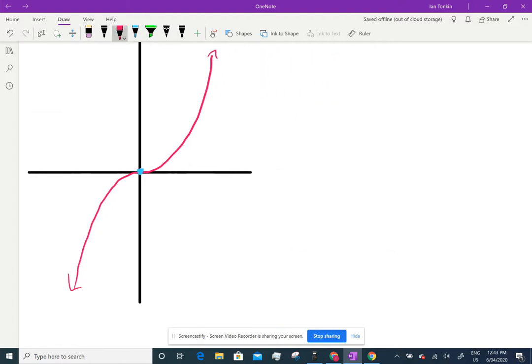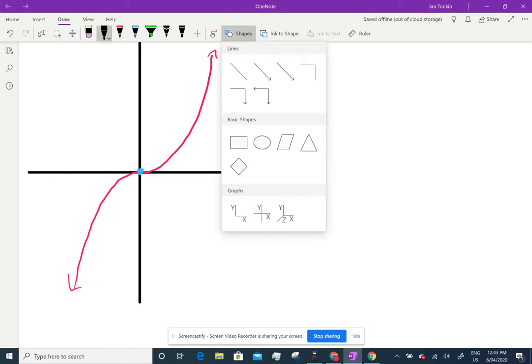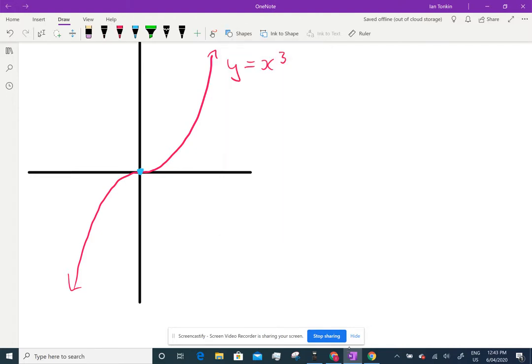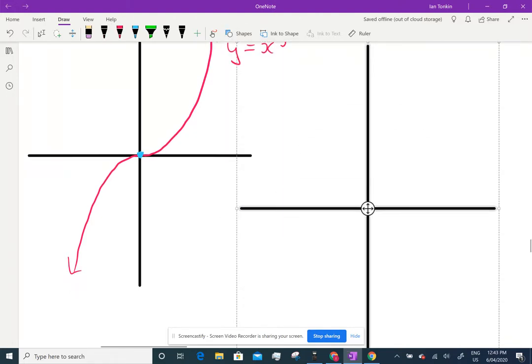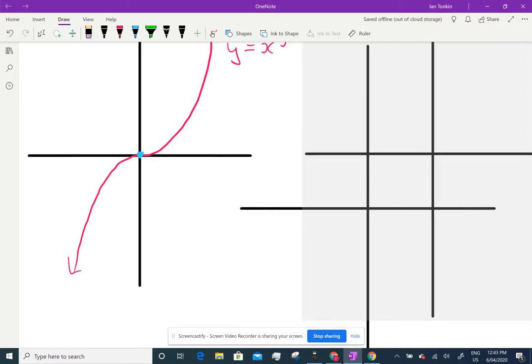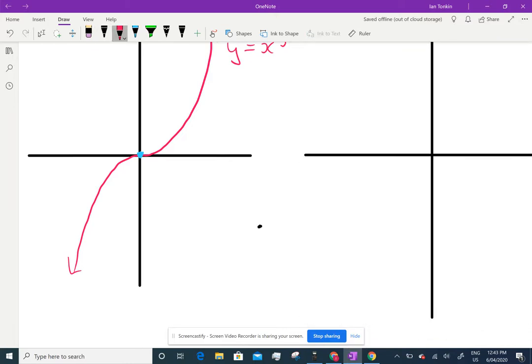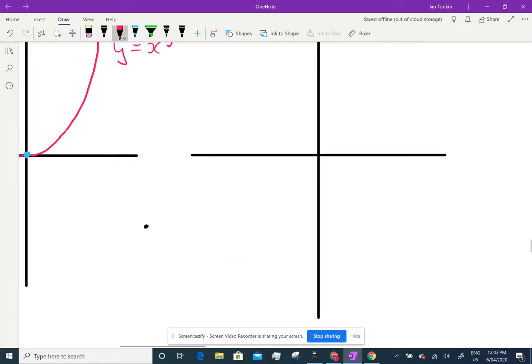And that's y equals x cubed. And the standard negative cubic just goes the other way.